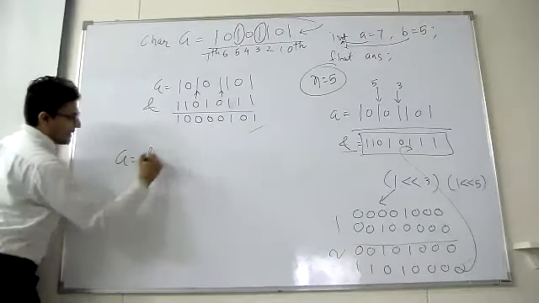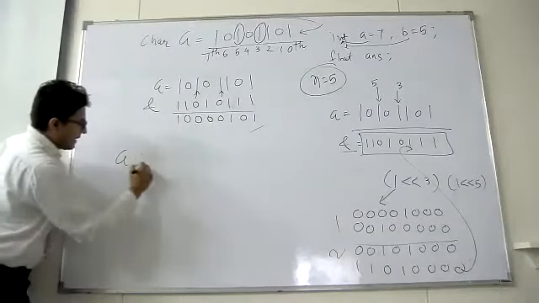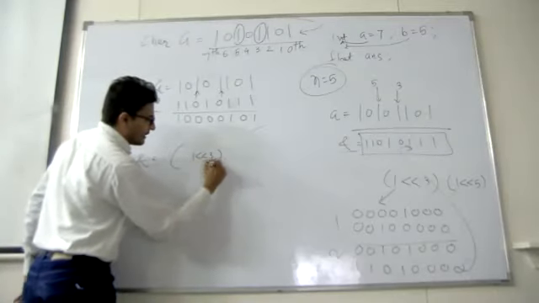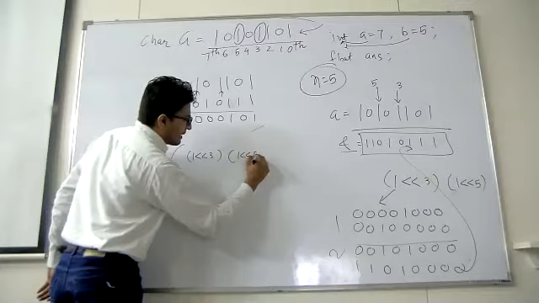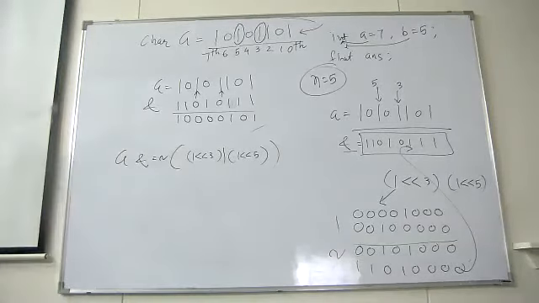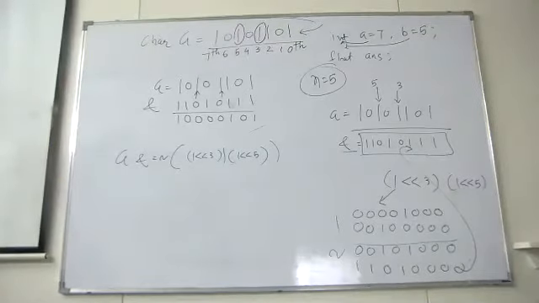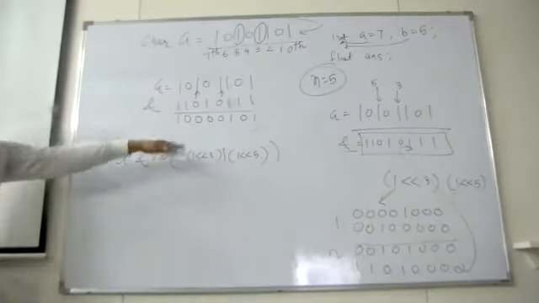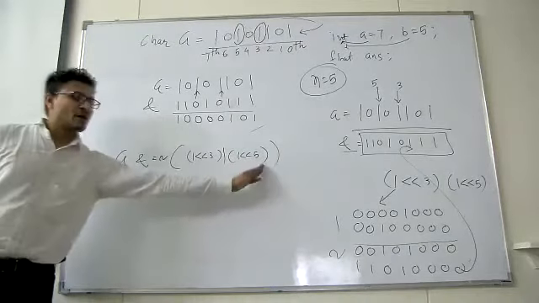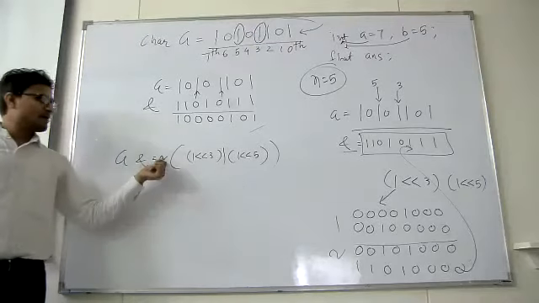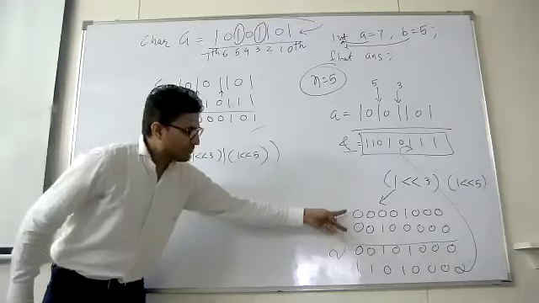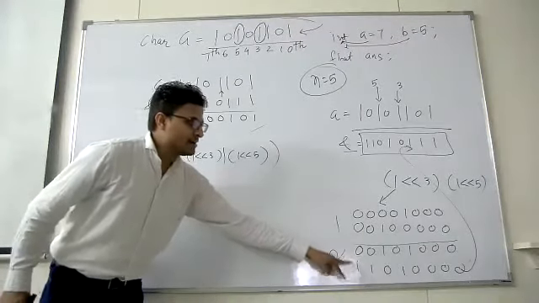So A and equal to: 1 shift left by 3, 1 shift left by 5, OR operation, then invert. Check the answer. Clear? Yes, sir. In this way you can clear multiple bits: 1, 3, 5, 7, whatever. You just have to perform the OR operation, then perform the invert after the OR operation, and you will get this value.